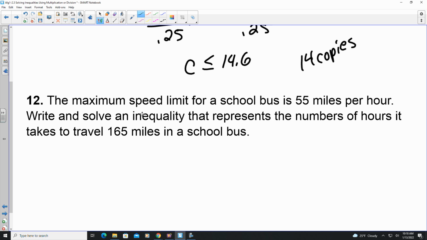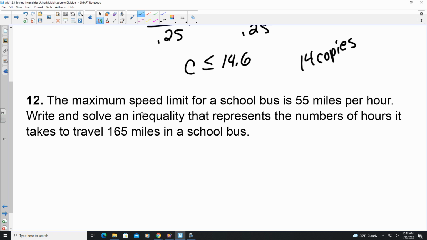Last problem here. It says the maximum speed limit for a school bus is 55 miles per hour. Write and solve an inequality that represents the number of hours it takes to travel 165 miles in a school bus.